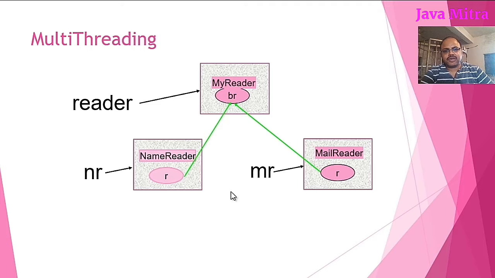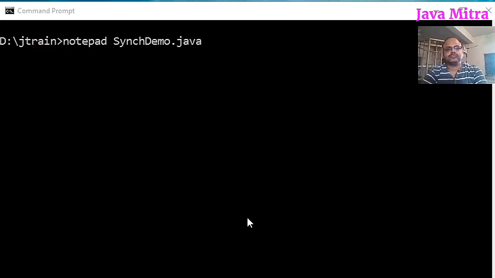Both threads will have an object of myReader class as a shared object, and the name reader and mail reader both will try to get the name and email ID with the help of the reader object. So let's see what problem will occur and how to solve it with the help of the synchronization concept.